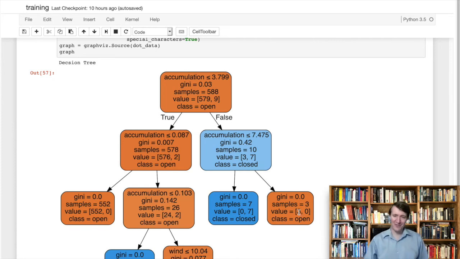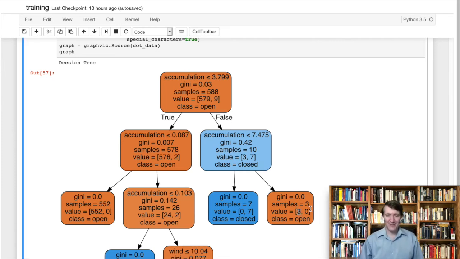You can see there are 3 examples in our data where there was more than 7 inches of precipitation, but the school remained open. And maybe that's an error in our data, or maybe that's telling us something about how dedicated we were to being open during those times. Or maybe it was not precipitation that stuck.